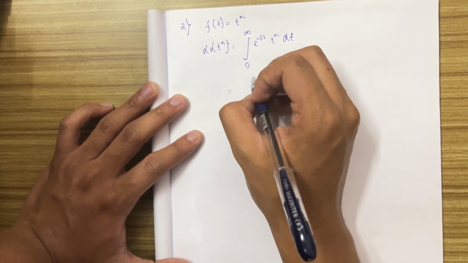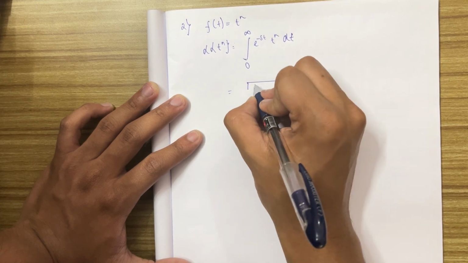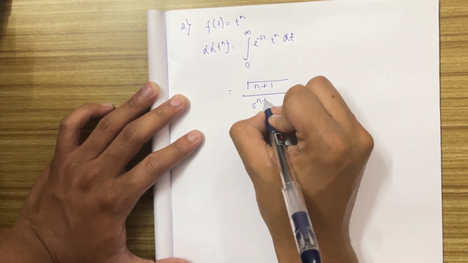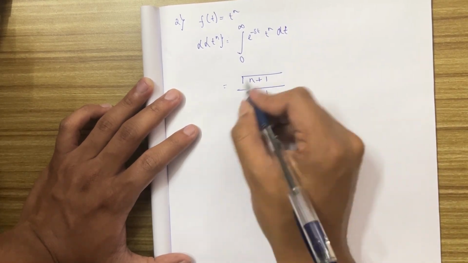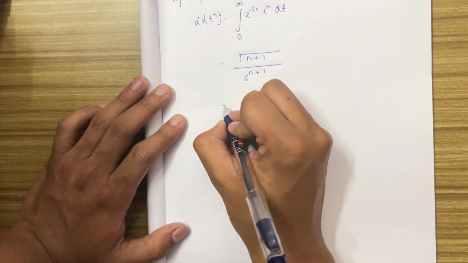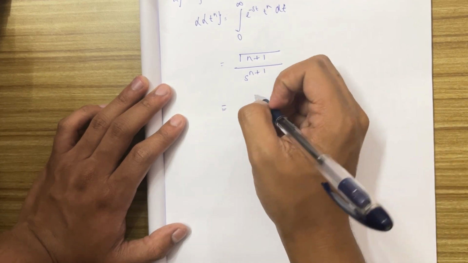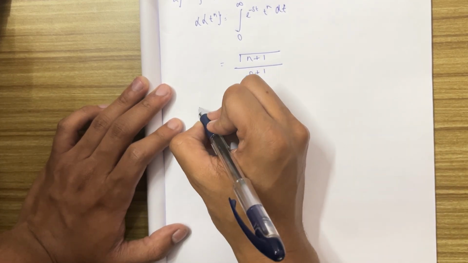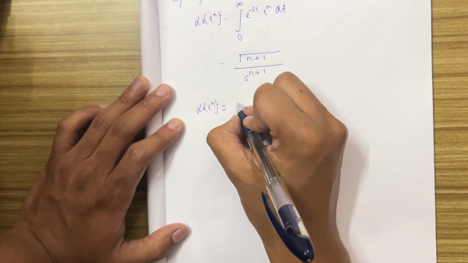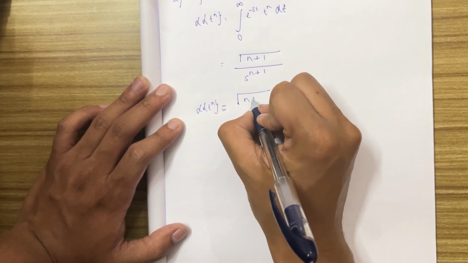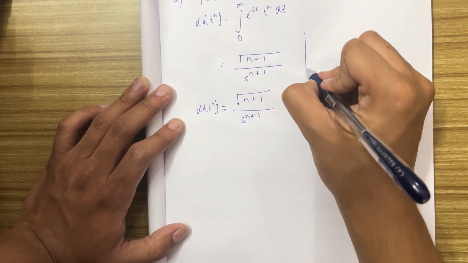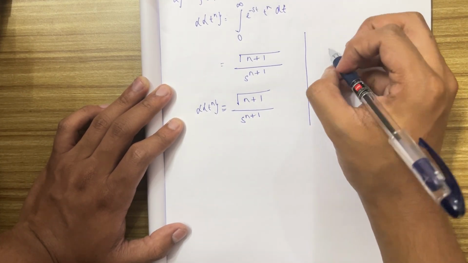So through gamma function there is a formula which we call like this, gamma of n plus 1. So this is the formula for gamma function. So what we will get is, through this we get the formula, gamma of n plus 1 by s to the power n plus 1.